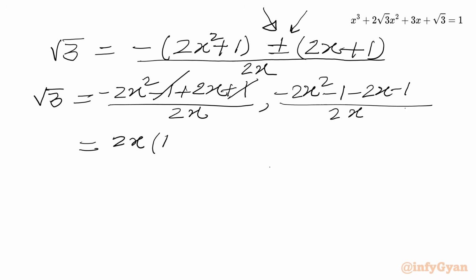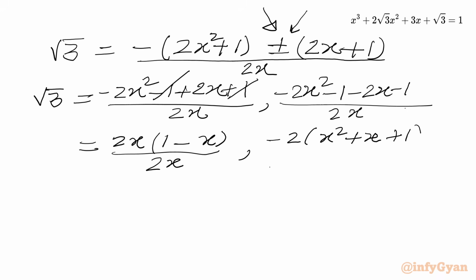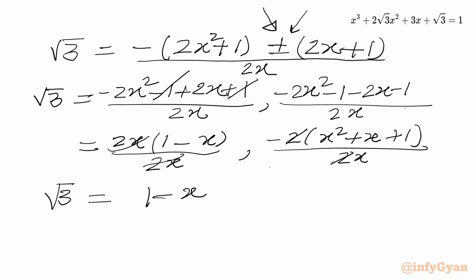So we can write 1 minus x over 2x over here. Minus 1 minus 1 is minus 2. We will take minus 2 common. So there would be x square plus x plus 1 in the bracket, with denominator 2x. Now 2x will get over, 2 will get over, and we can write root 3 equal to 1 minus x, and root 3 equal to minus x square plus x plus 1 over x.